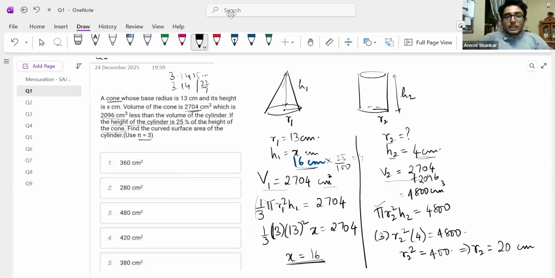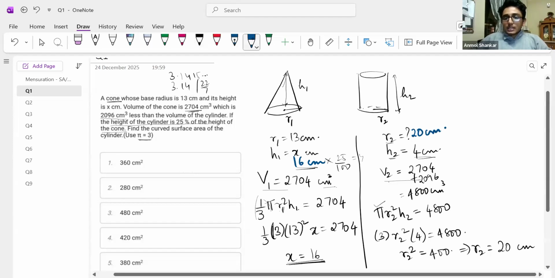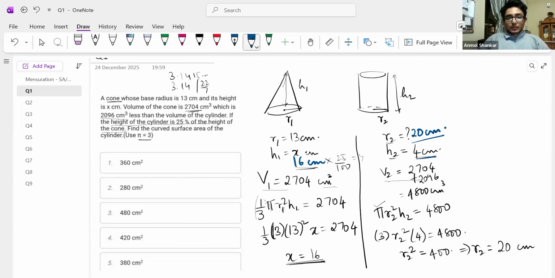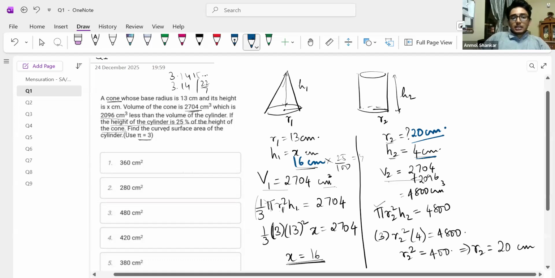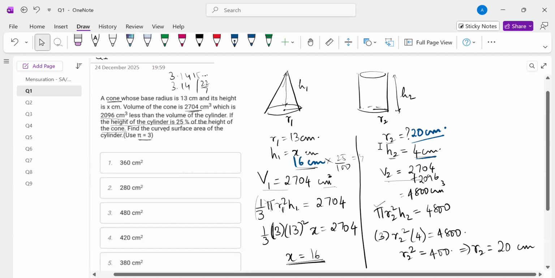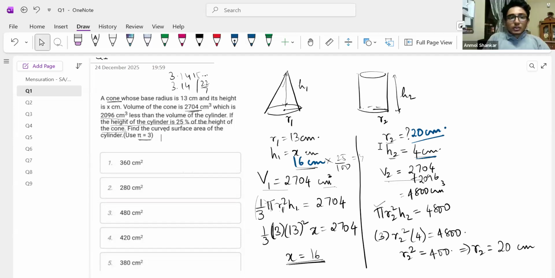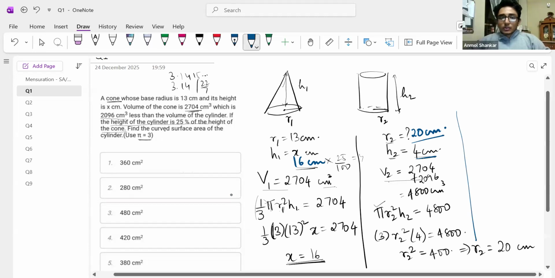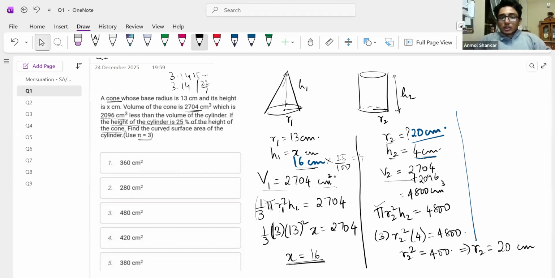So r2 is 20, we have found it. Now we know everything: r2 is 20 centimeter, h2 is 4 centimeter. What have they asked in the question? Find the curved surface area of the cylinder. What is the curved surface area formula? 2 pi r h, sir. 2 pi r h, very good.